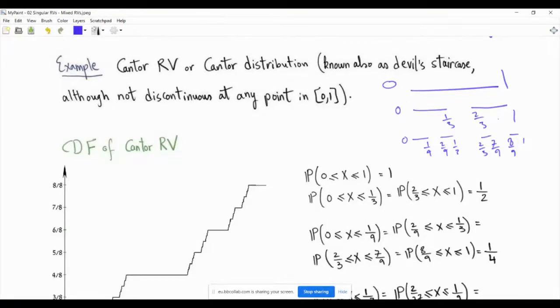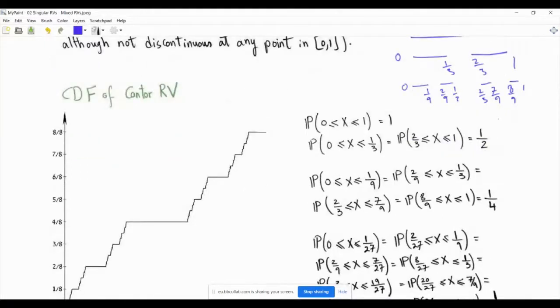Once you take this procedure to its end, quote unquote, you are left with a non-empty set, and this set is uncountable and its Lebesgue measure is equal to 0. So the probability law of a Cantor random variable is defined as such. All Cantor numbers are between 0 and 1, so the probability that they are between 0 and 1 is 1.